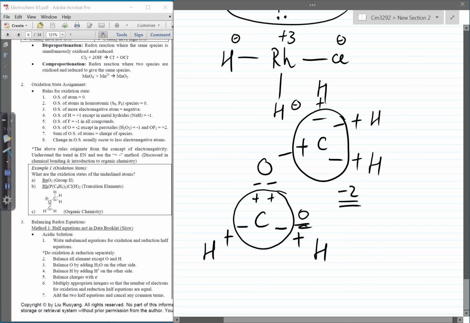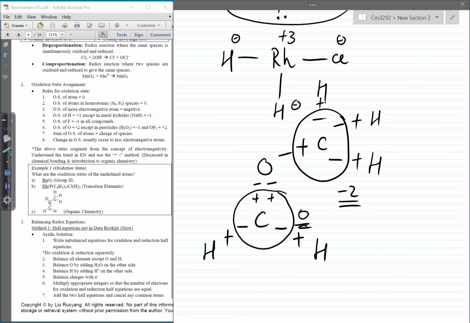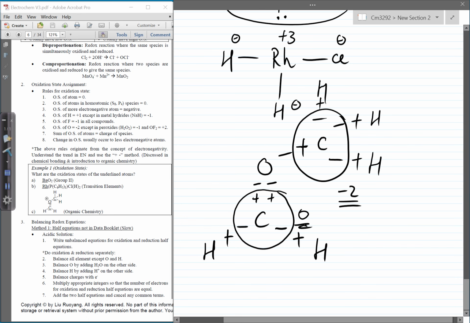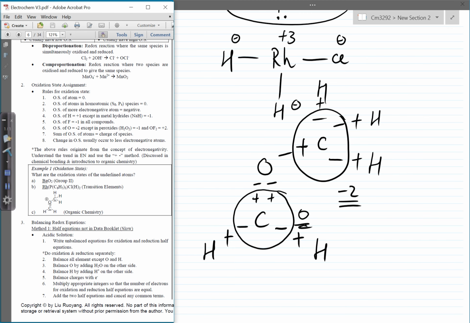If you think that counting electrons around this oxygen is too hard, you can apply rule number 7. Sum of oxidation states of atoms equals the charge of species. You know that hydrogen is +1 and you have the 2 carbons. You can come up with the oxidation state of oxygen easily, right? So I will not go through that because you can just apply 7.